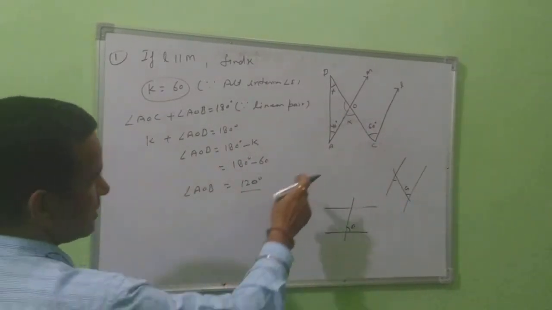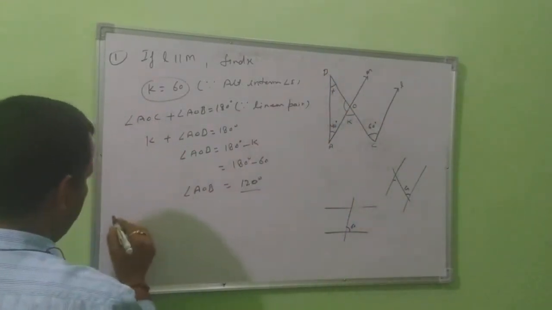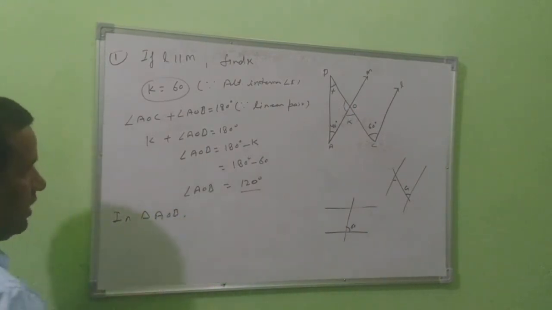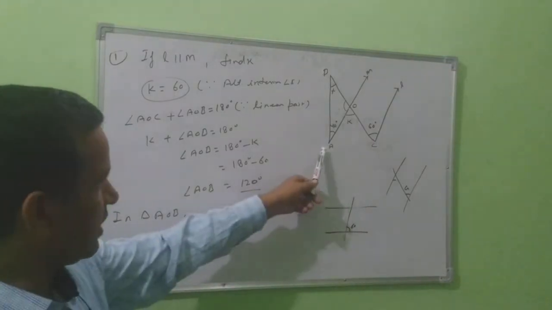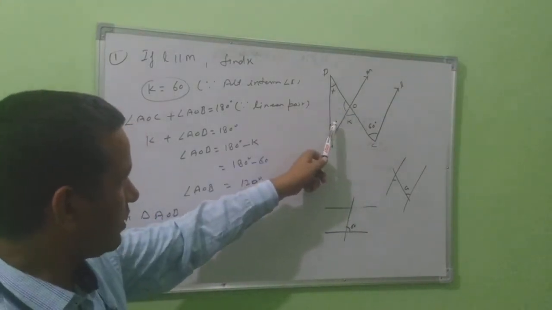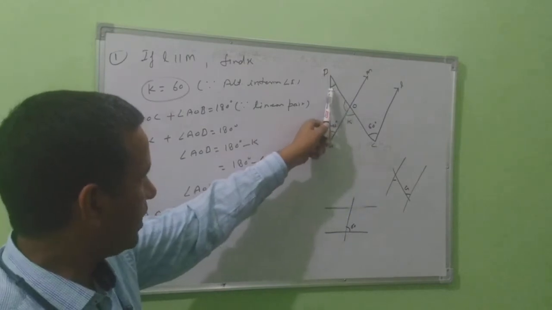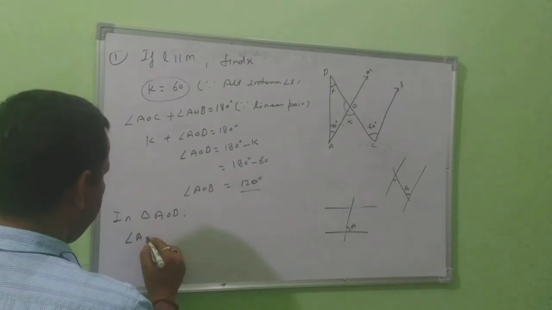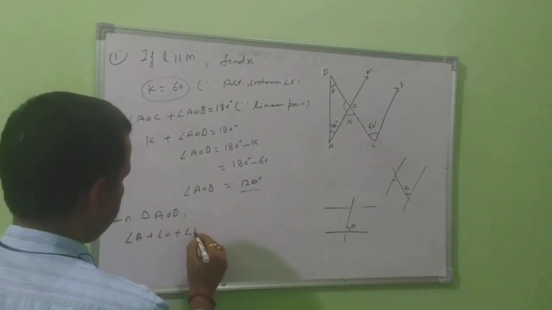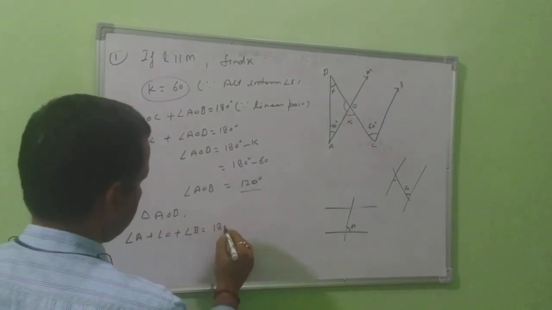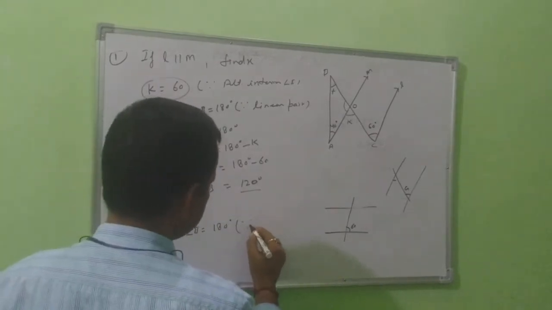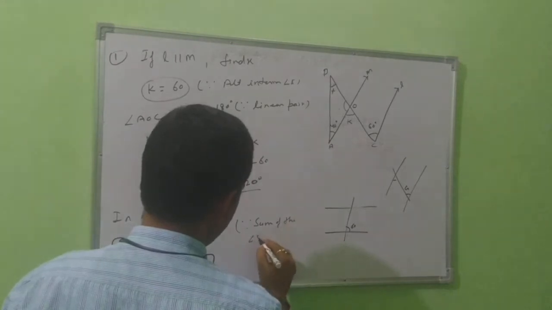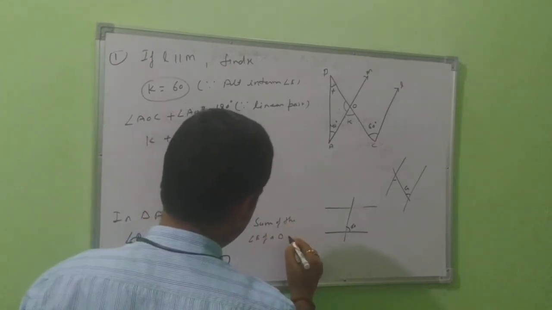After that, look at angle AOB. Now in triangle AOB, the angle A plus angle O plus angle B equals 180 degrees. What is the reason? The sum of the angles of a triangle.